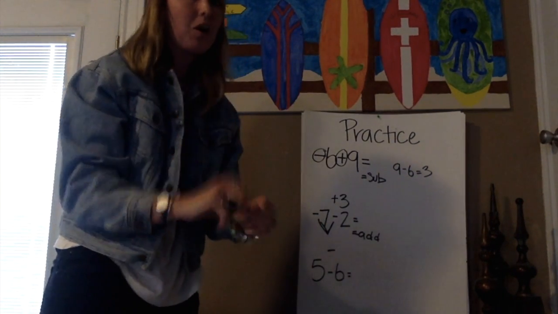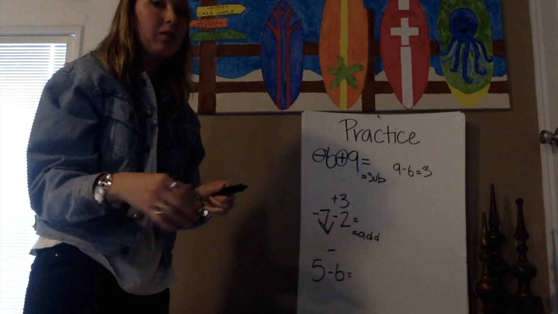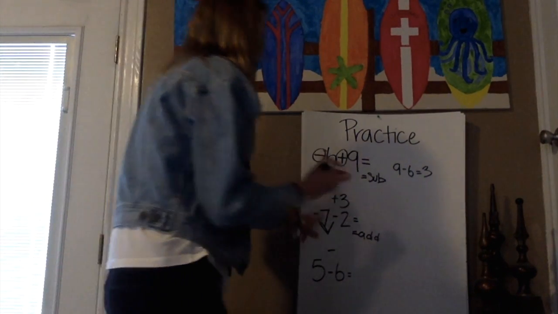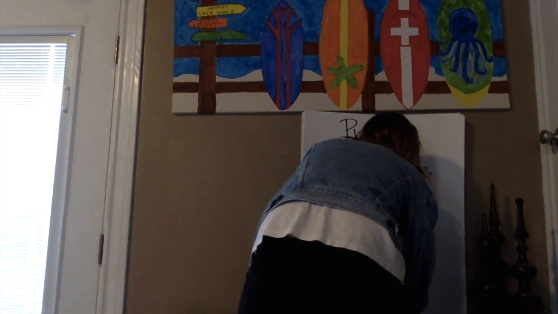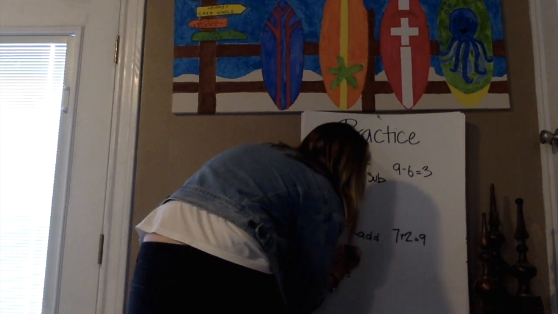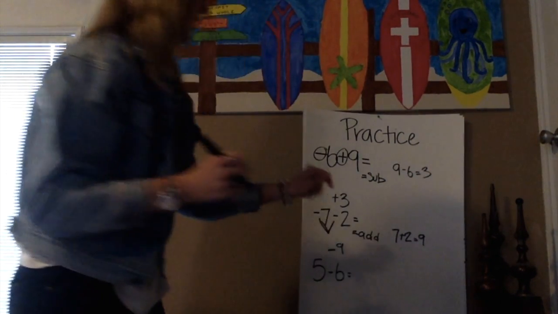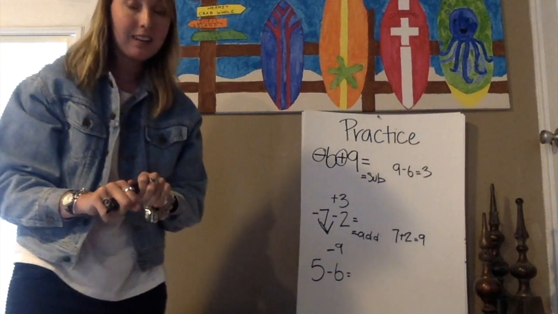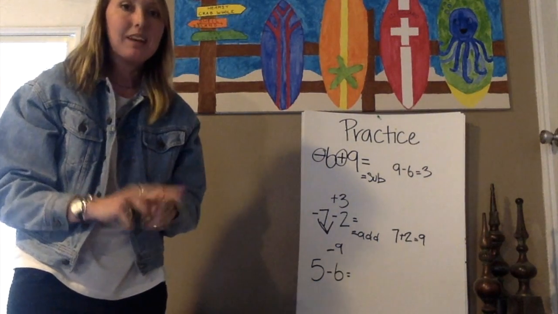Remember, always do that step to show that you know what to do next. So we're going to do 7 plus 2 is equal to 9. Good job. So 9 goes down here, and the answer is negative 9, because both signs were negative.